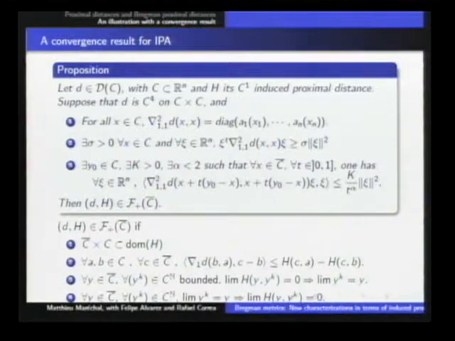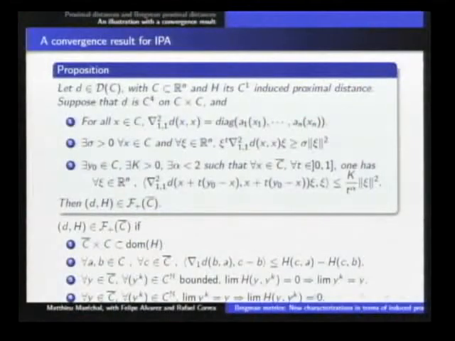What is important to know before beginning the proof is that, by assumption, H is the induced proximal distance to D. That means, for example, that this is true for C times C here. So we have to pass to C bar. Here, this inequality is true for all c belongs to capital C, but not for C bar. And for the third and fourth, there is no information just with the assumption that H is the induced proximal distance to D.